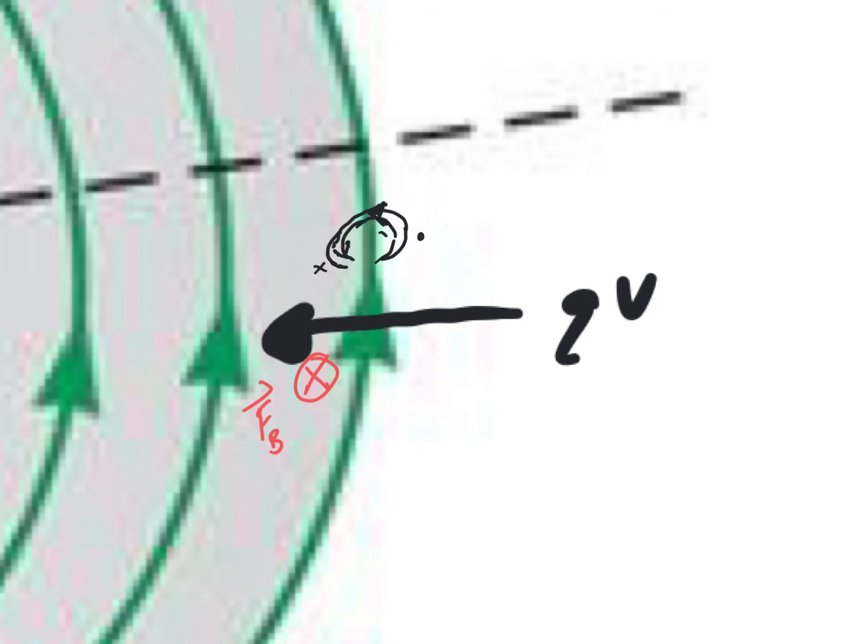Okay. In effect, this charged particle gets stuck in the magnetic field because all that motion went from coming in towards the Earth into some circular motion.